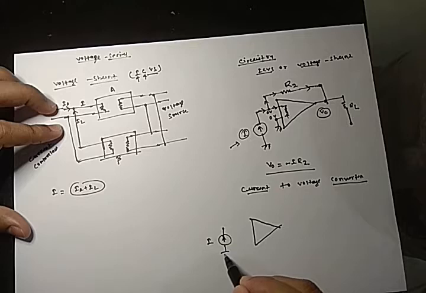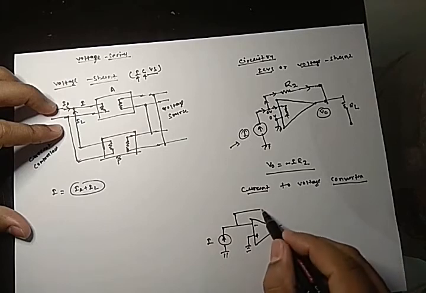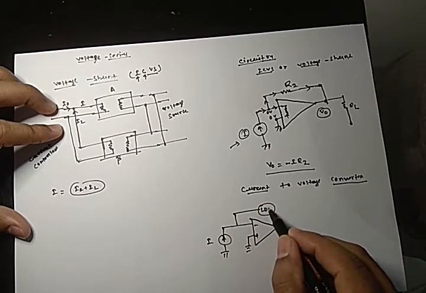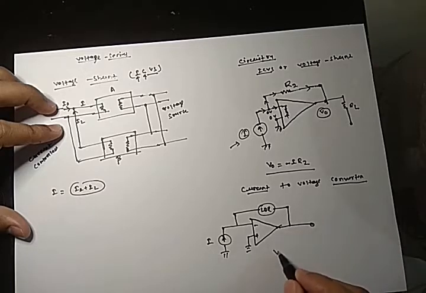This is I, this is negative, this is positive, this is ground, and in place of R2 we will connect an LDR, light dependent resistor. Now V naught will be equal to minus LDR into I.